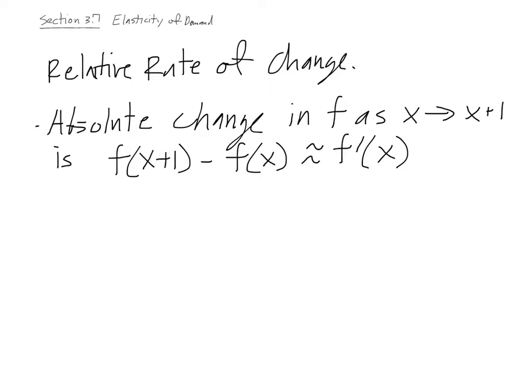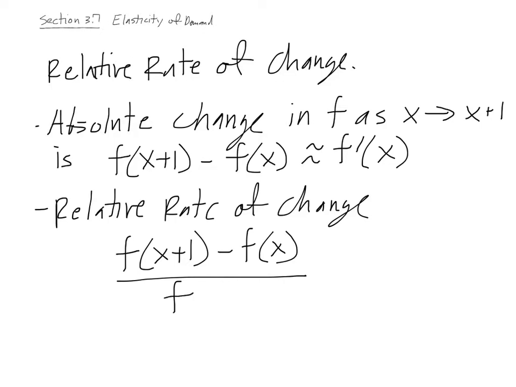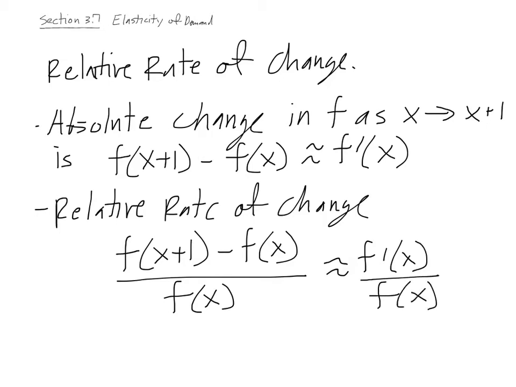And so when we look at relative rate of change, this is just relative to what f was. So really we look at f of x plus 1 minus f of x all over f of x, and this gives us f prime of x over f of x.